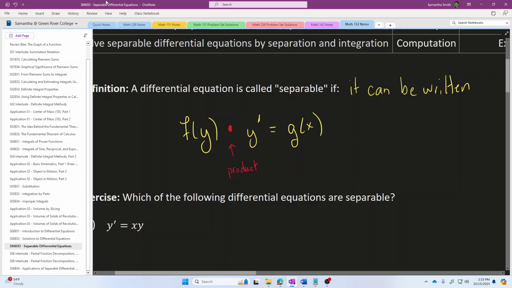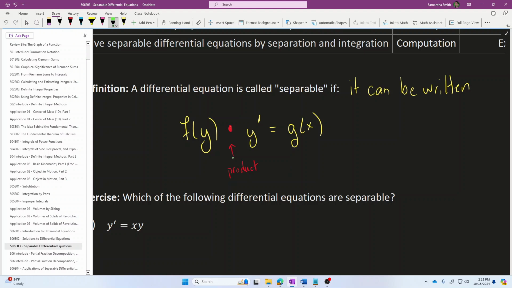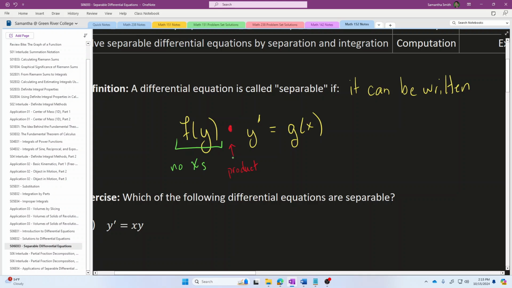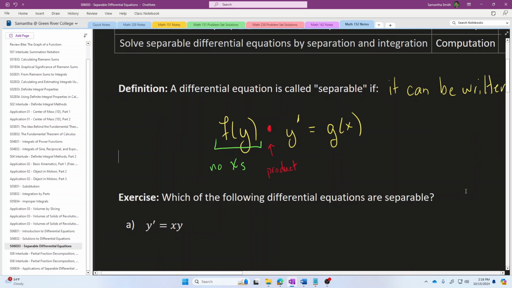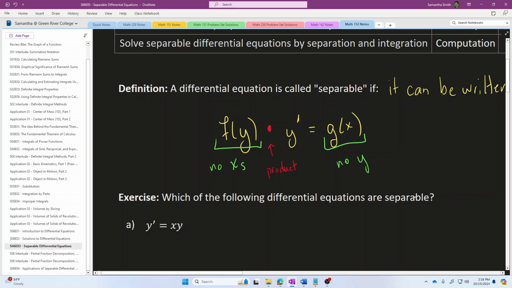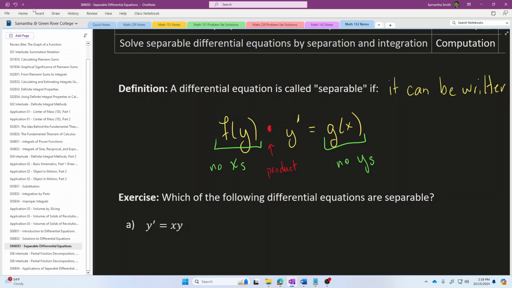A product of this expression here, which contains no x's, with the derivative of the function, y prime, equals some expression on the right side that contains no y's. If you can rewrite your equation in this format, something that contains no x's times y prime equals something that contains no y's, that equation is given the special descriptor. It is called separable.